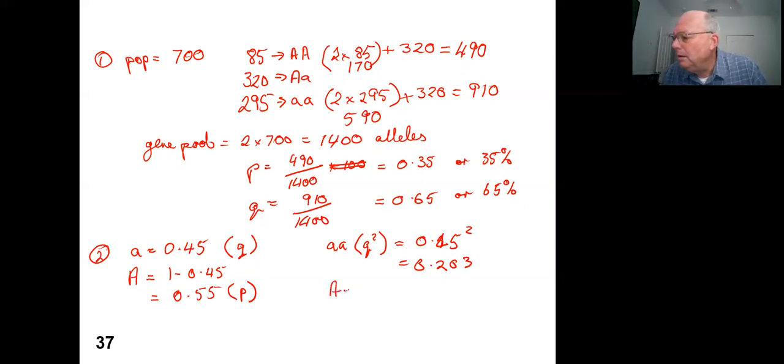Big A, little a, or 2PQ equals 2 times 0.45 multiplied by 0.65. So 0.45 multiplied by 0.65, multiplied by 2, equals 0.585.